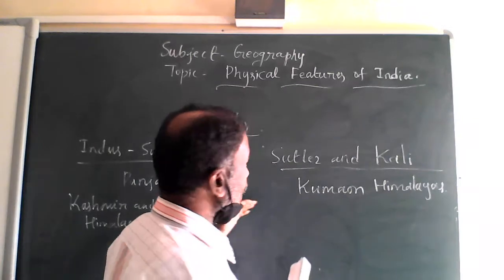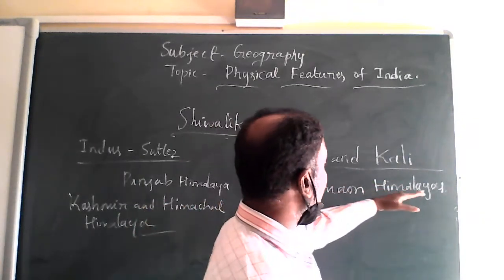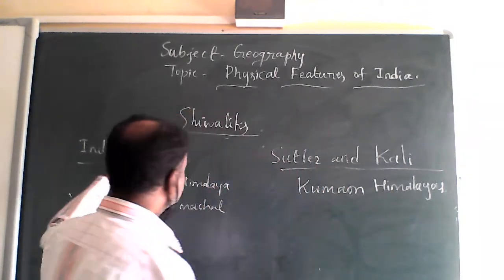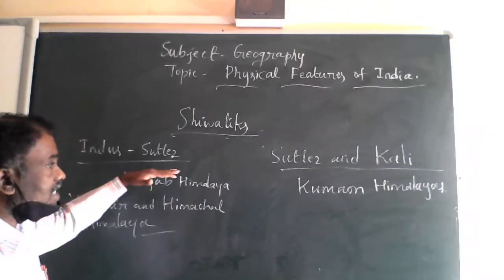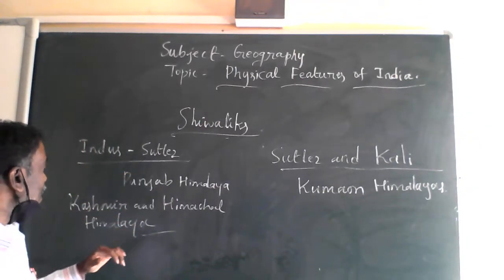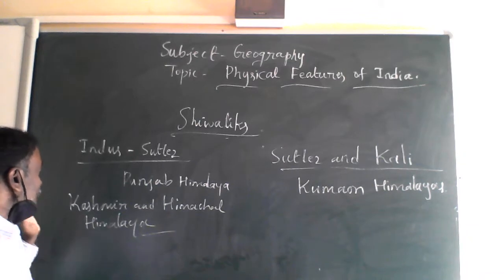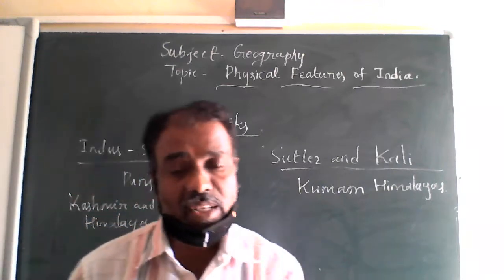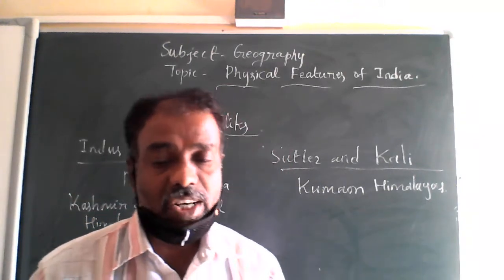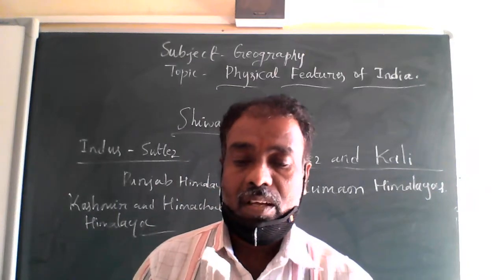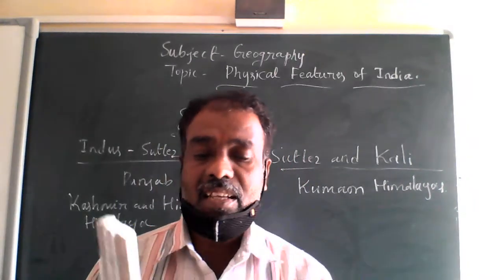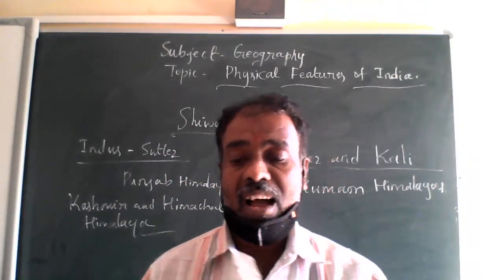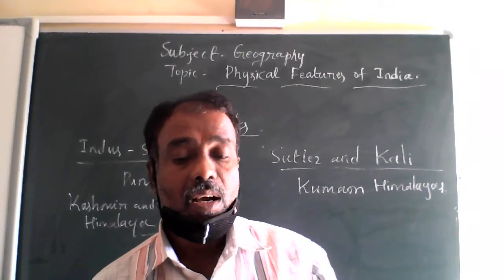For example, the part of the Himalayas lying between the Satluj and Kali is called the Kumaon Himalayas, and the part lying between the Indus and Satluj is called the Punjab Himalaya, also known as Kashmir and Himachal Himalayas from west to east respectively. Also, the Kali and Tista rivers demarcate the Nepal Himalayas, and the part between the Tista and Dihang rivers is known as the Assam Himalayas.